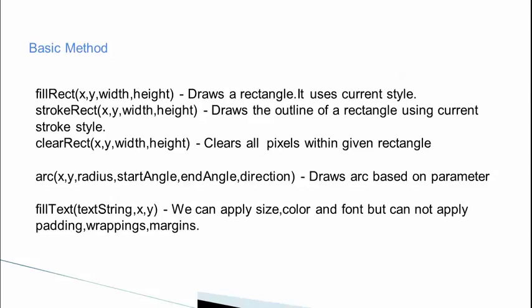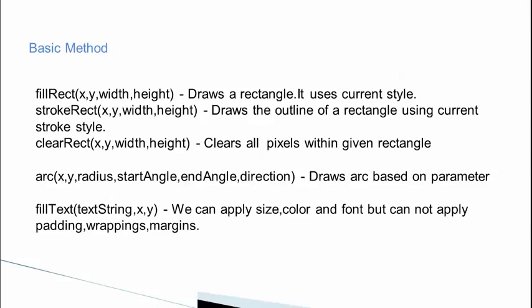fillRect. Using the fillRect method, we can draw a rectangle that uses the current style. X and Y is the first coordinate, and then width and height we need to pass as parameters. Then the strokeRect method is almost the same, but it draws the outline of the rectangle using the current stroke style.